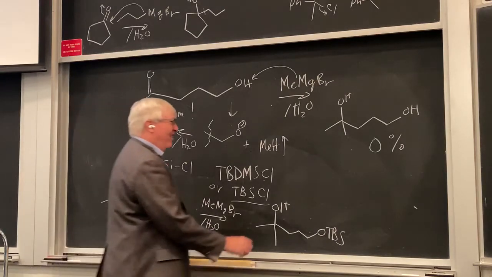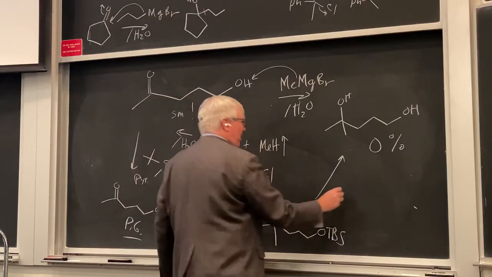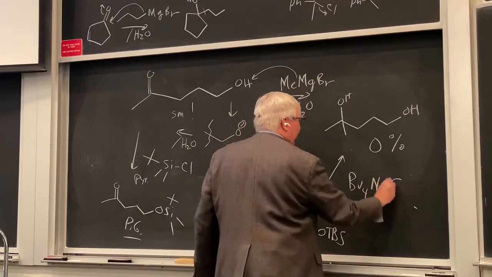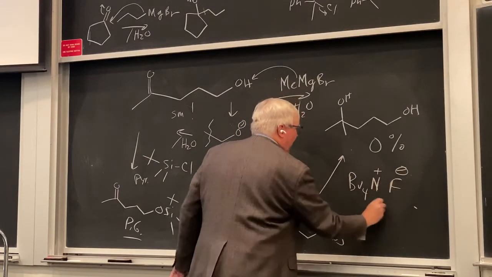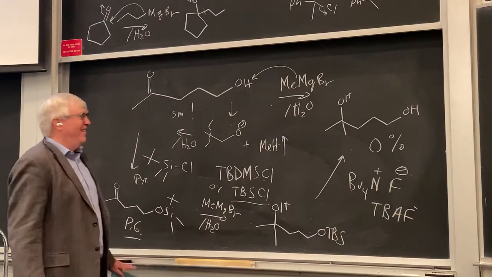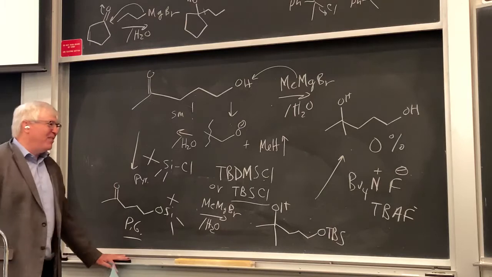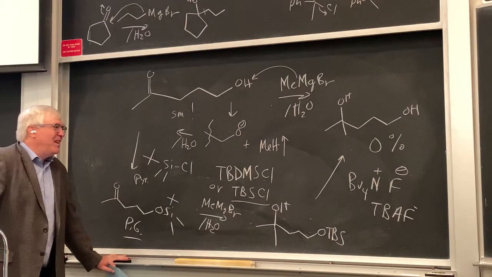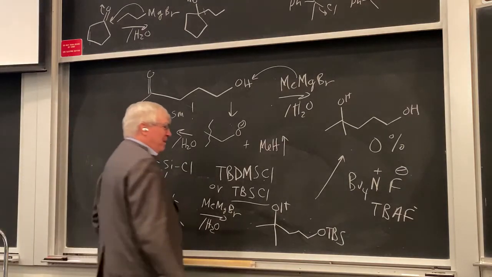So there's another step you got to know, and that's with tetrabutyl ammonium fluoride, TBAF. Yet another acronym, sorry. So yeah, TBS and now TBAF. And what's TBAF going to do? Well, it's going to take off that silicon protecting group.